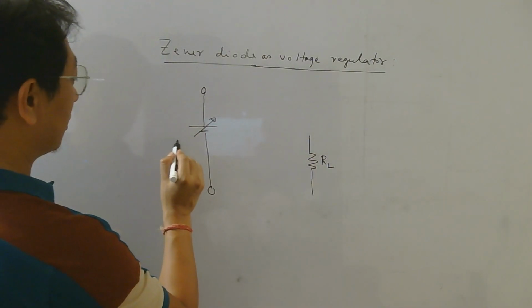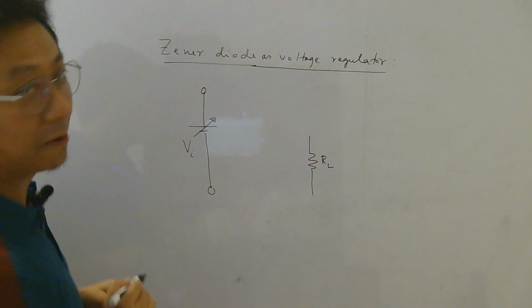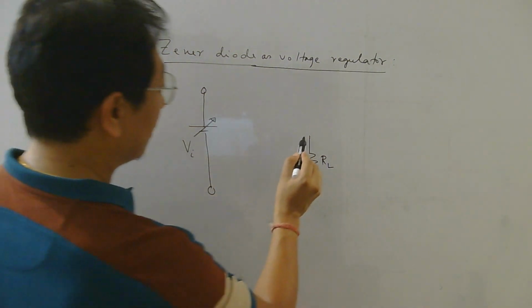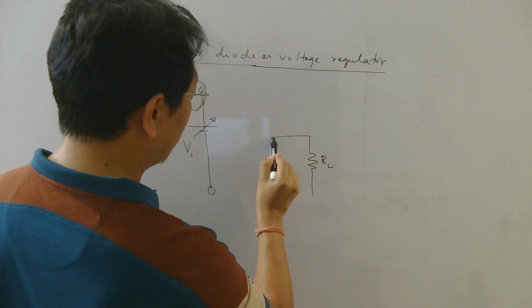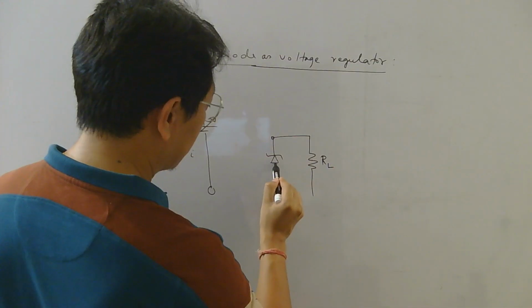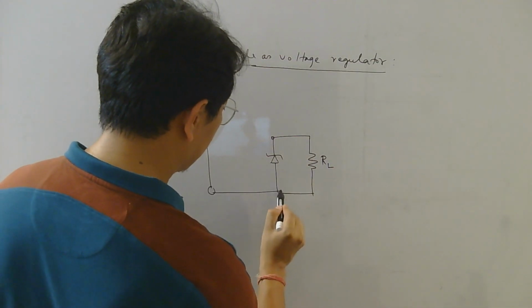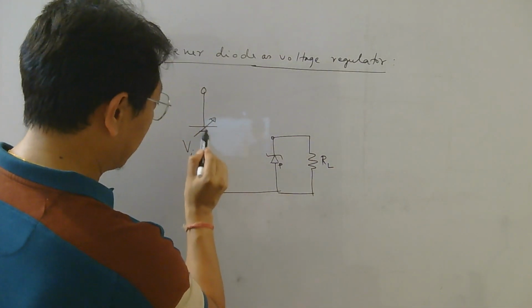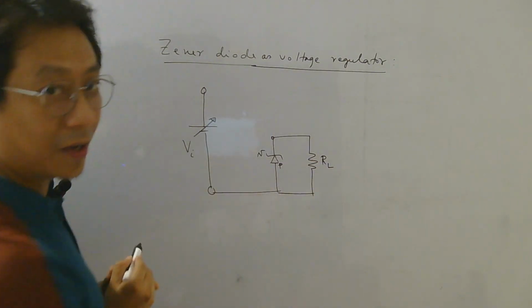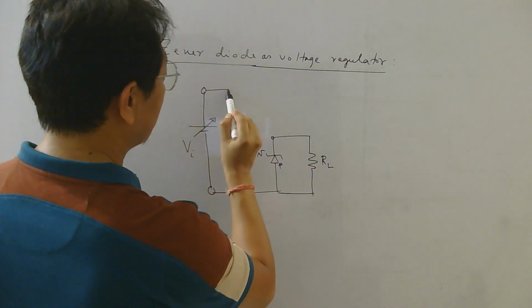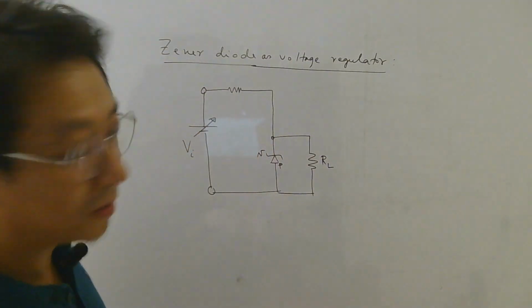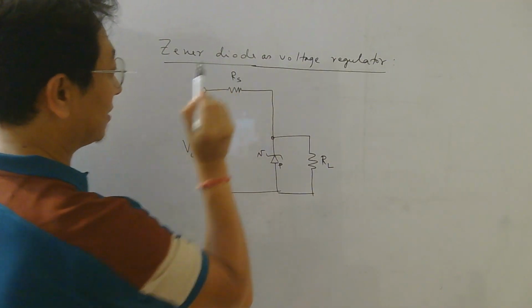So this input voltage changes with time, whereas you want constant voltage here. Then you need to buy one Zener diode and connect it in parallel to this load, such that the P side is connected to the negative of the input so that it is reverse biased. And then with the help of some resistance, we connect this to the Zener diode. So this resistance is your RS, let's say.